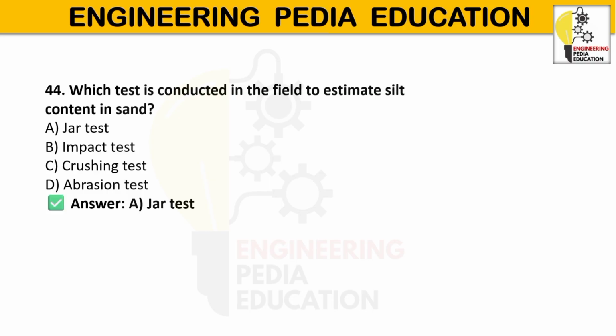Sand settles at the bottom and silt forms a layer above it. Measure the thickness of silt layer and sand layer. Silt content is height of silt layer upon height of sand layer into 100. For concrete work, silt content is generally kept within permissible limit, commonly not more than 8% in field practice. So it should not be more than 8%.